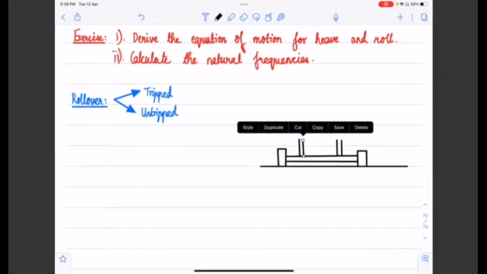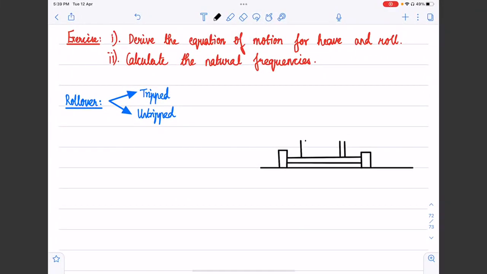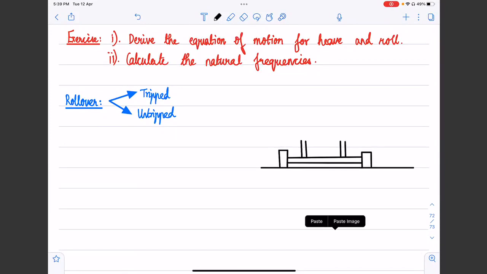So for this analysis, we are going to neglect the suspension units. We are going to consider a rigid connection between the two masses, the sprung mass and unsprung mass, and then we will do sort of a lumped analysis, for simplicity. So this is a very simple model that is considered.